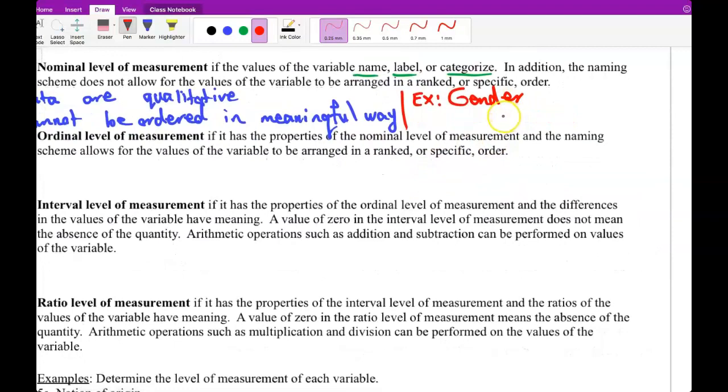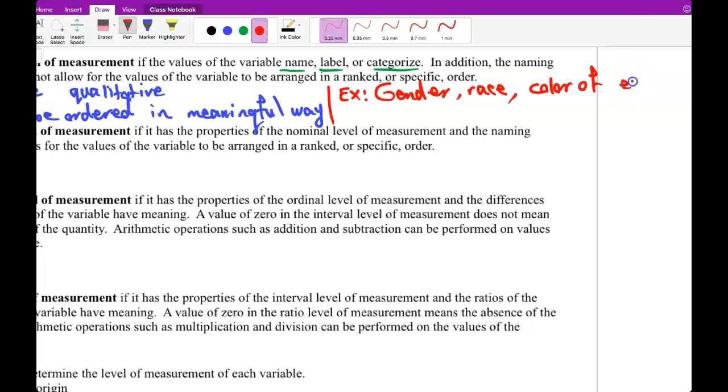Here again, I'm using gender, race. Let's use another one, not exactly what I use on top. So gender, race, color of eyes. Another one, blood type.